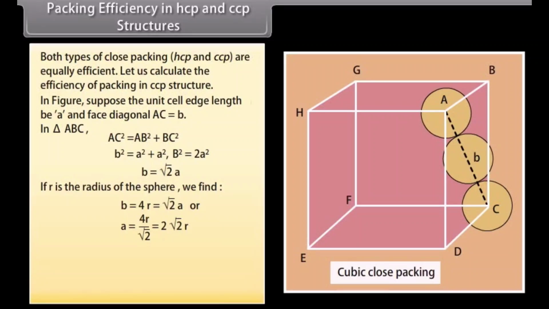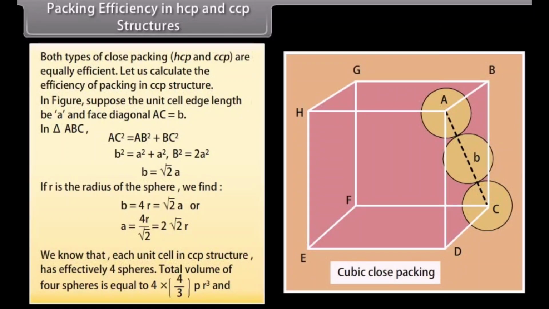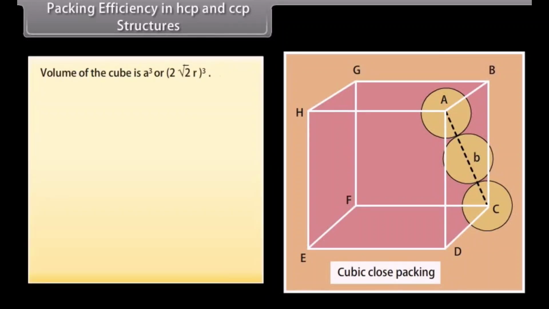We know that each unit cell in CCP structure has effectively 4 spheres. Total volume of the 4 spheres is equal to 4 into 4/3 pi r cube, and volume of the cube is a cube or (2 square root 2 r) cube.